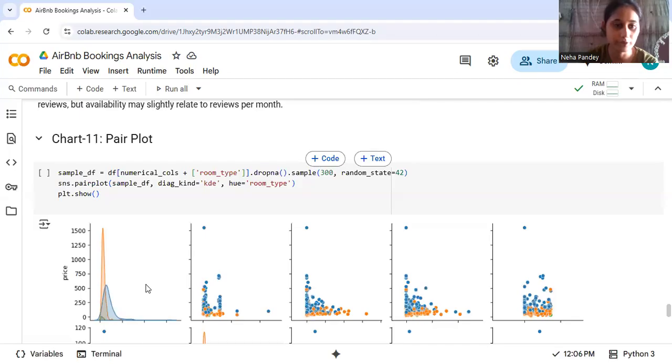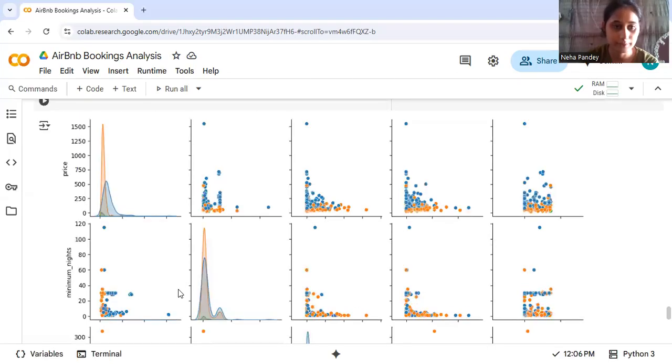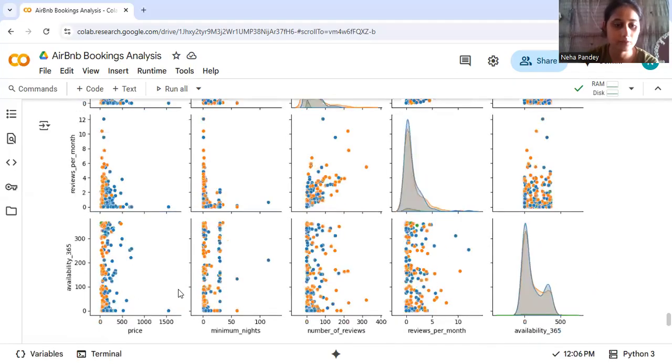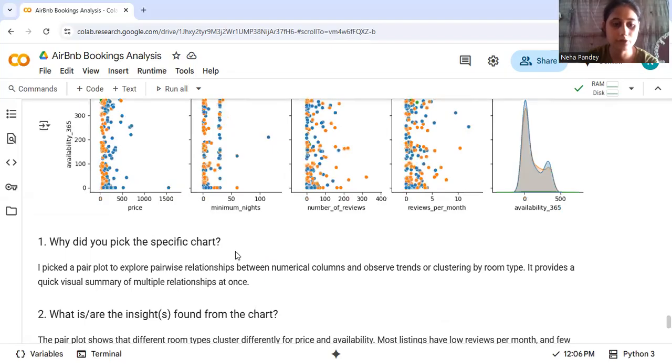This is a pair plot. I picked a pair plot to explore pairwise relationships between numerical columns and observe trends or clustering by room type.